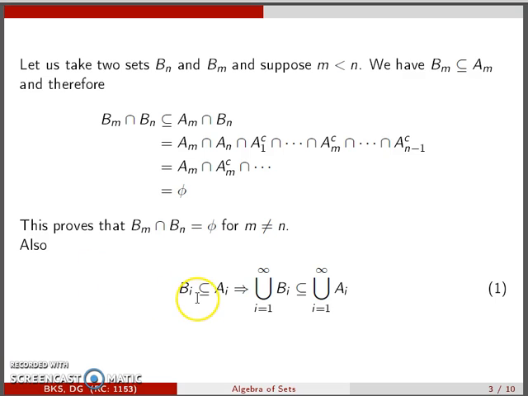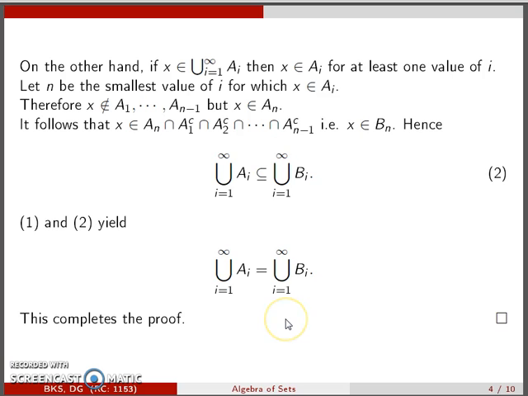And since Bi is a subset of Ai, this is trivial. On the other hand, if x is any element in this union, then x would be in one of these Ais. But that means we can always find n to be the smallest value of i for which x belongs to Ai.